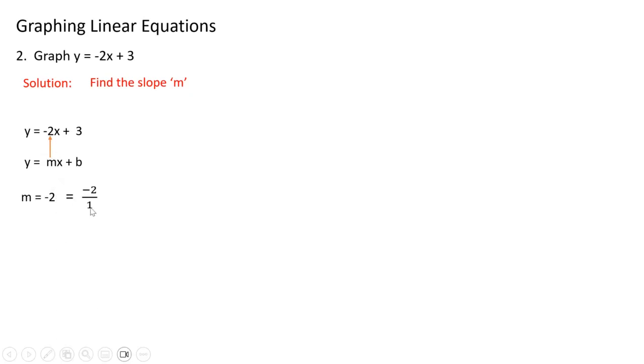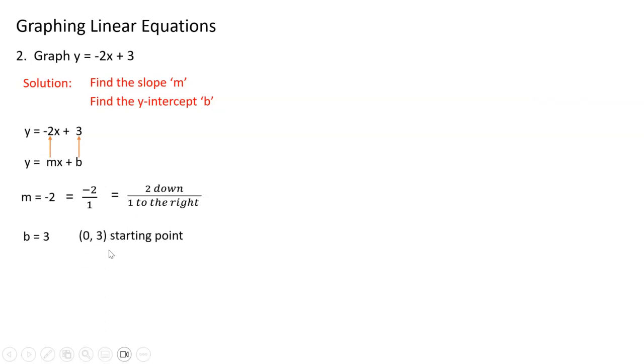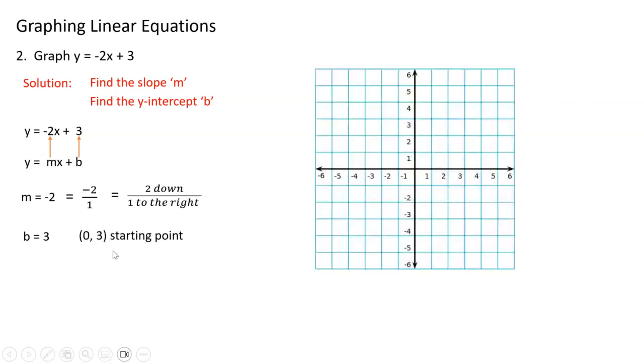We put it as a fraction because it's going to be the rise over the run. So in other words, the slope will be going down 2 and 1 to the right. Okay, but from where? From the y-intercept, which is my b. The b is the y-intercept, which is 3. And my starting point is going to be 0, 3. So this is my starting point.